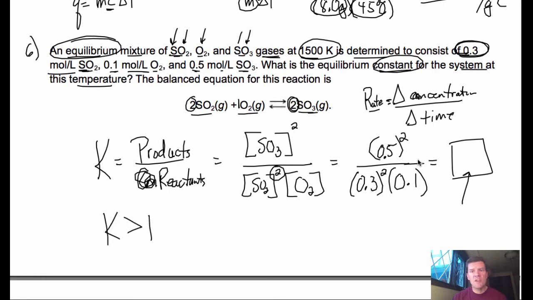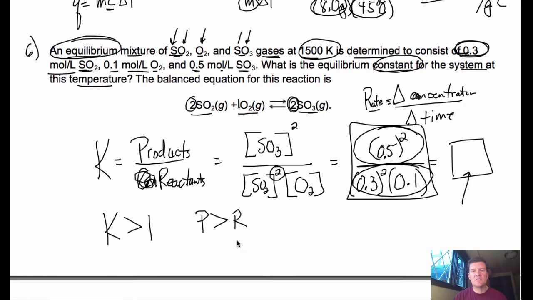Well, this is a ratio. If this number right here is greater than 1, that means this top number is bigger than the bottom number. So that means you have more products than reactants. If this K value is smaller than 1, then that means the bottom number is bigger than the top number, and that means that the reactants are greater than the products.